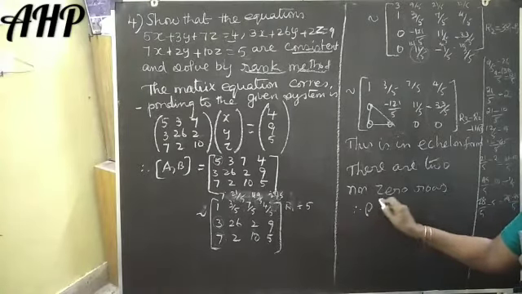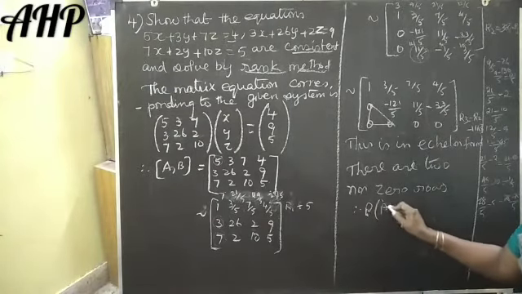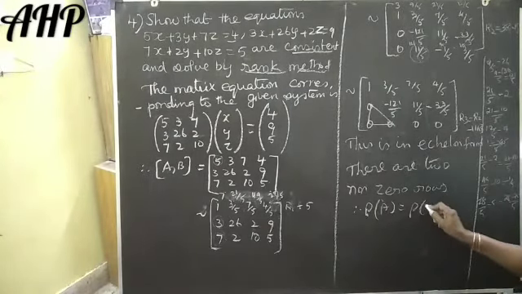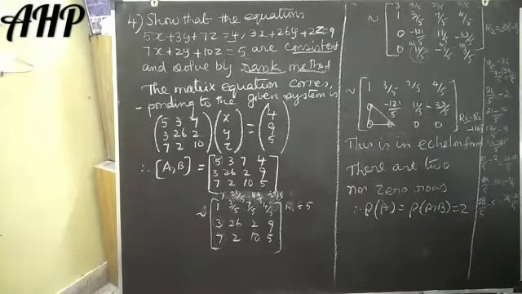Therefore, rank of A is equal to rank of AB is equal to 2, which is less than n.